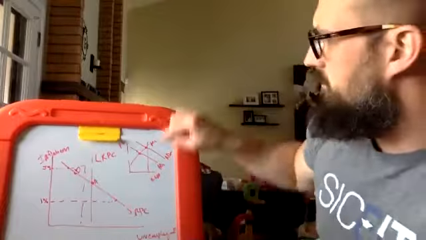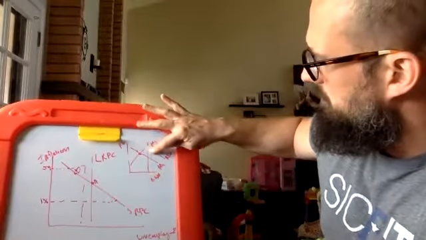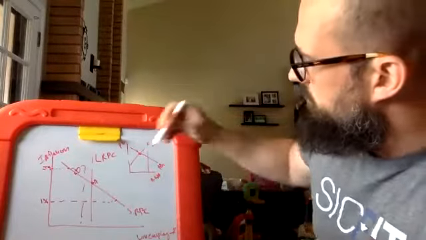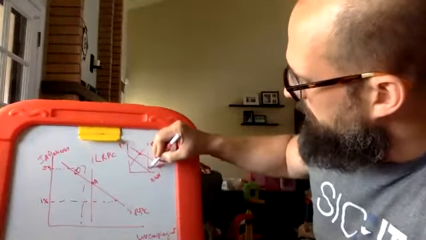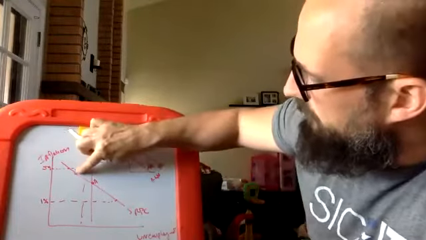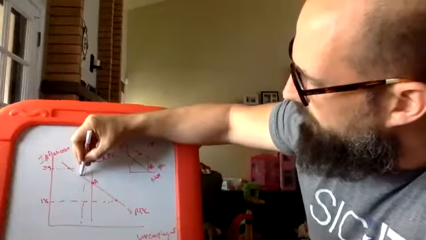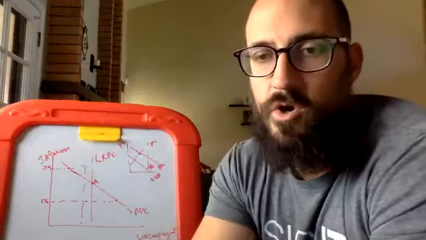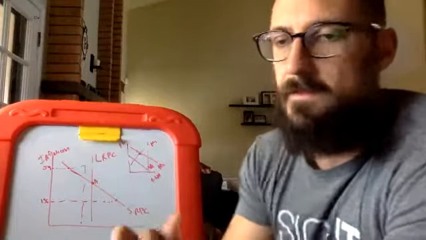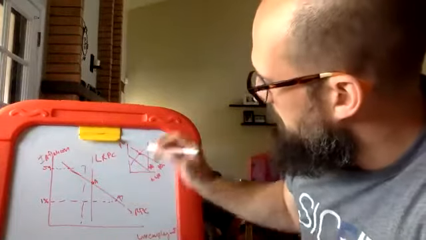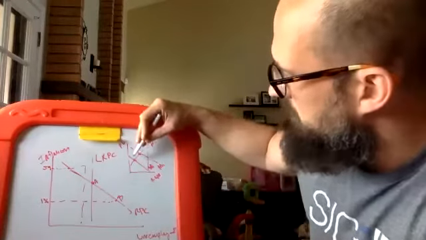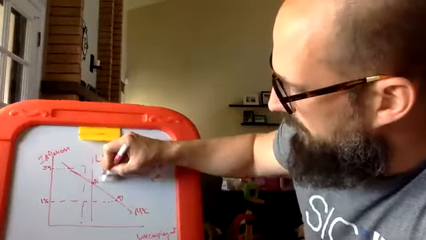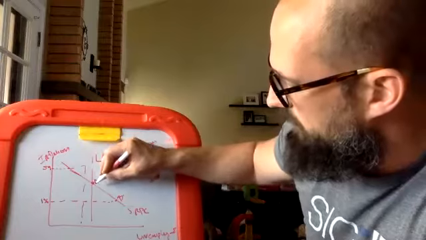Now, if we shift in the opposite direction, so now let's shift aggregate demand to the left. If we shift aggregate demand to the left, then we will have movement along the curve to the right, okay? So that would be point B, and that's pretty simple, right? Because price levels have gone down. From point A to point B, you have deflation, right?